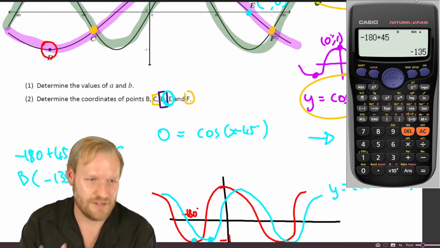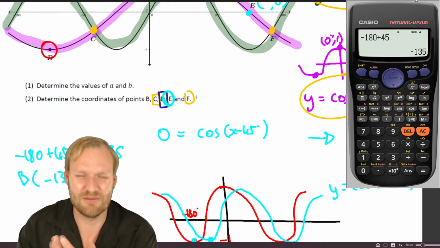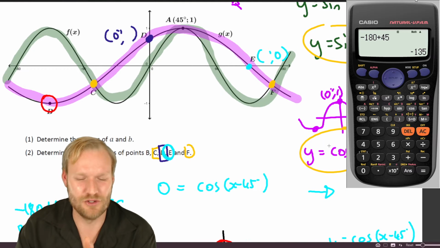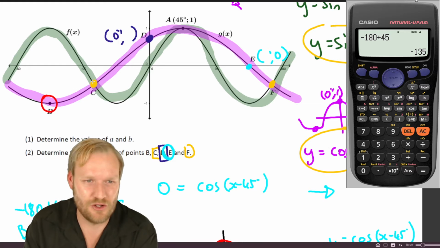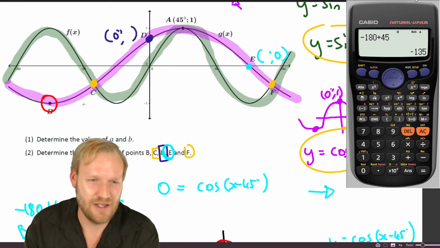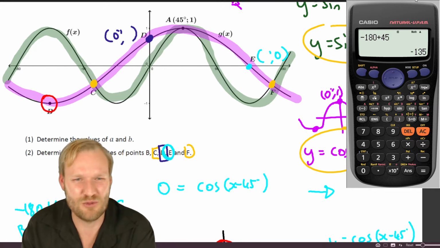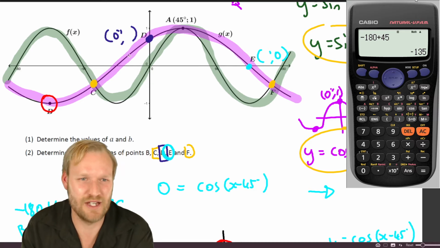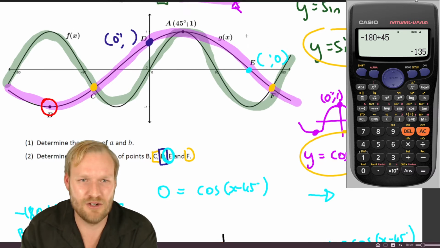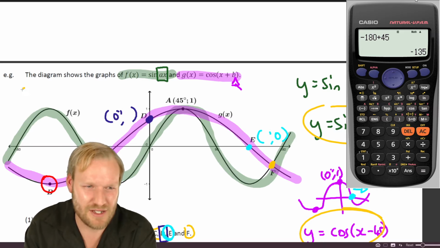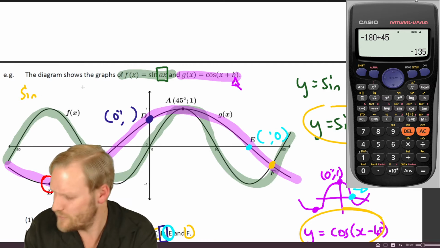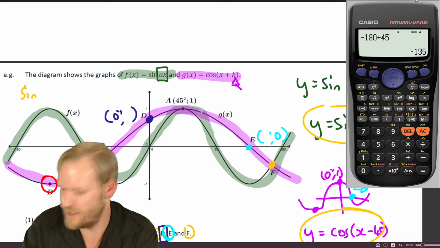For C and F, as I said, we don't really have some good tools at the moment to solve that. So we could try some numbers here. And once we tried a few and kind of thought, well, it's probably going to be some sort of special angle. Should we start with this positive one here?